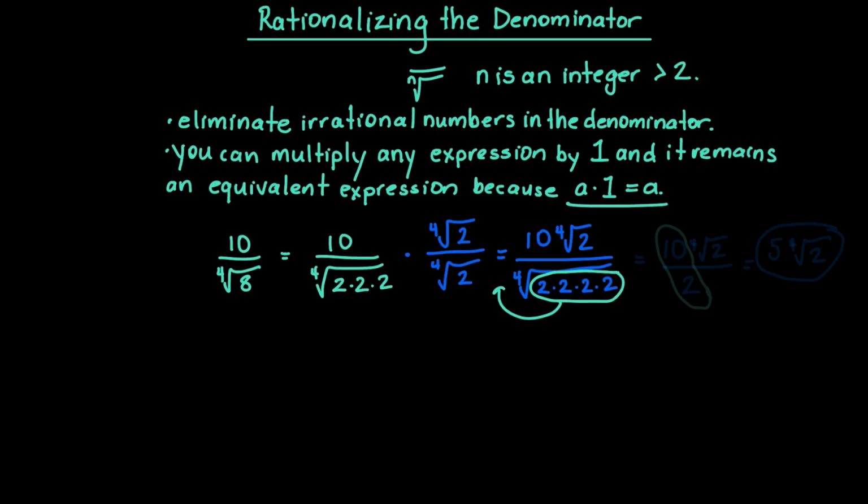So now I can take those out of the radical. And I'm left with 10 fourth root of 2 divided by 2. 10 over 2 simplifies to 5. So my final answer is 5 times the fourth root of 2.